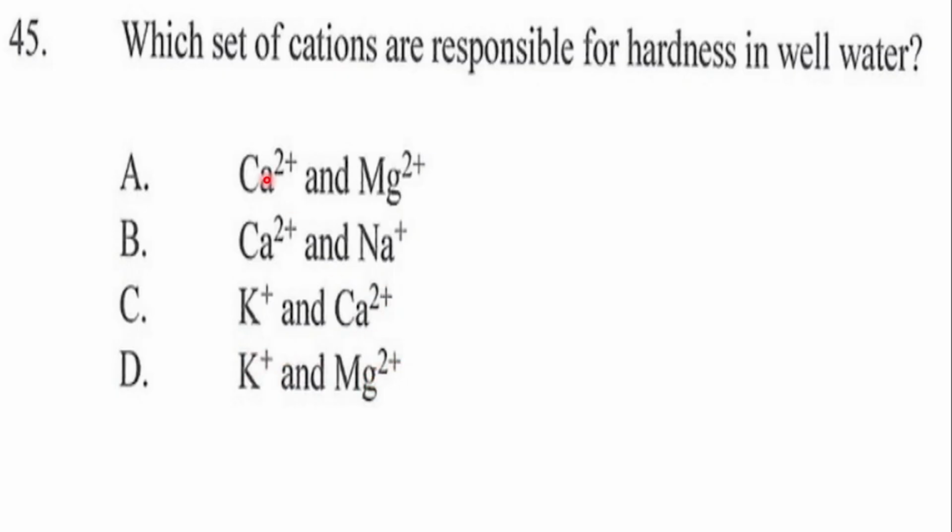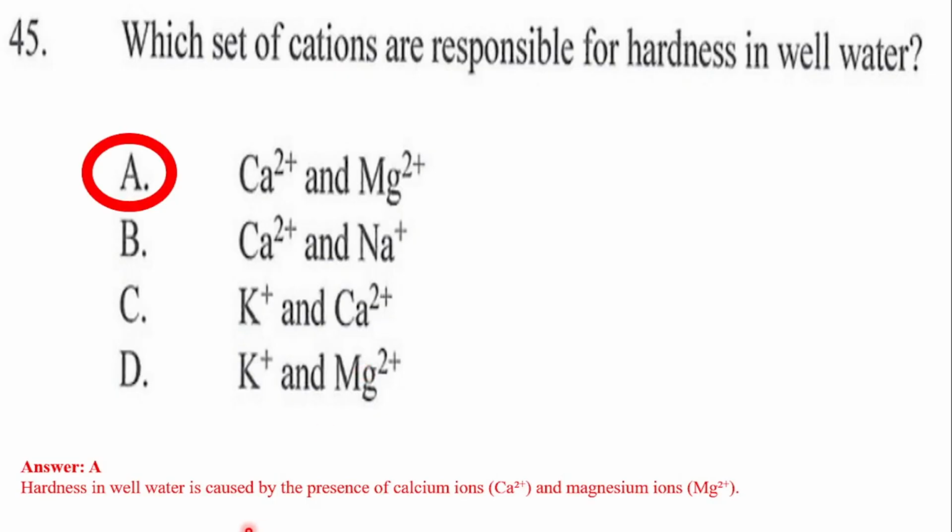Which one is responsible for the hardness in well water? The correct answer is definitely going to be A, because hardness in well water is caused by the presence of calcium ions, Ca2+, and magnesium ions, Mg2+. So that's the correct answer here.